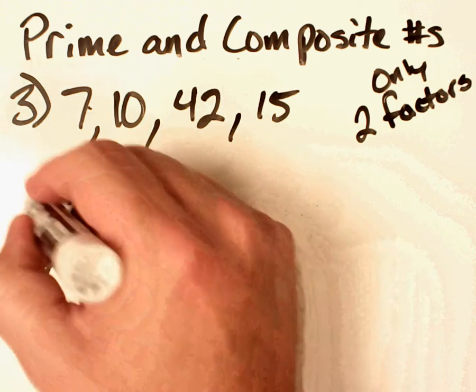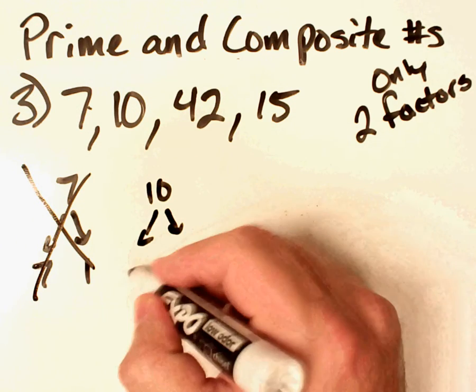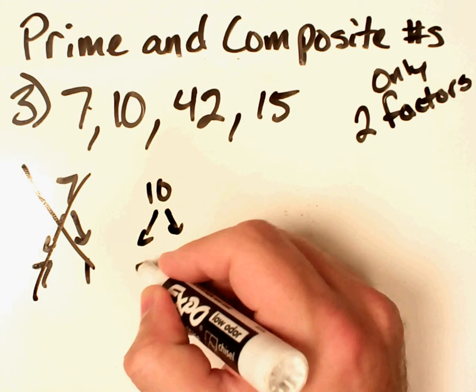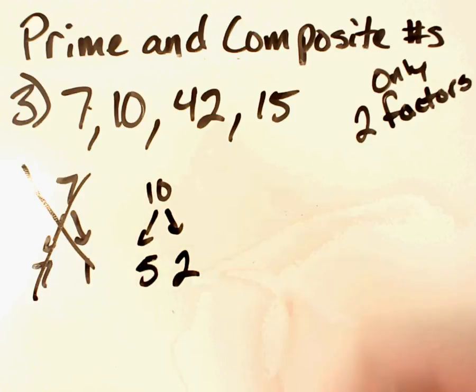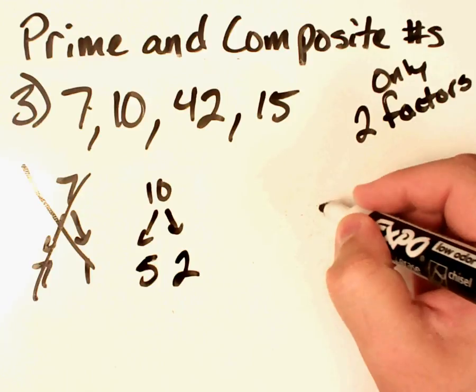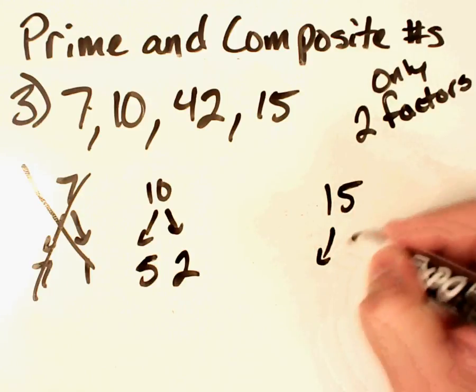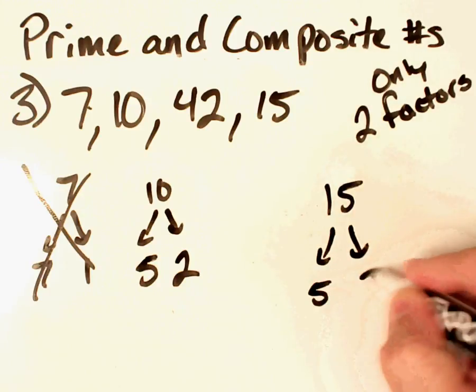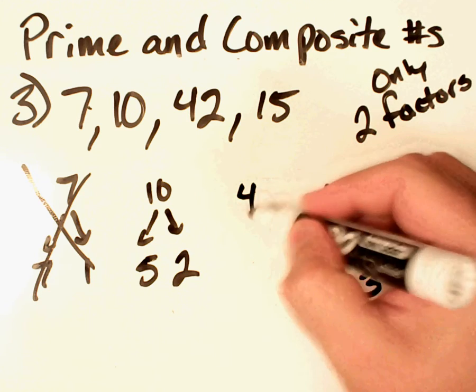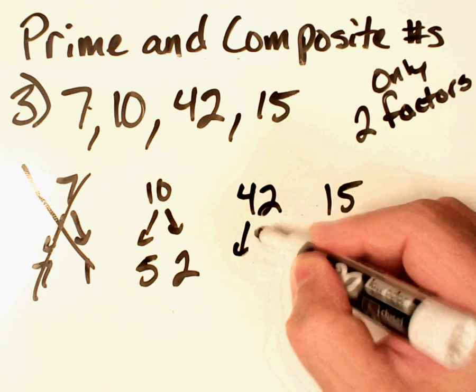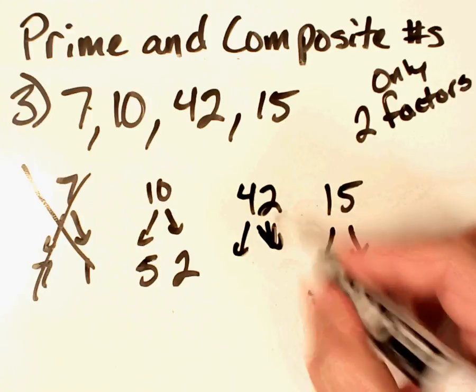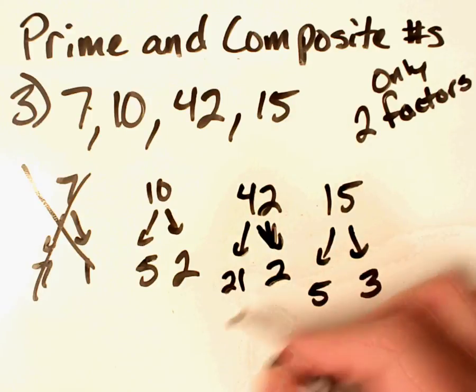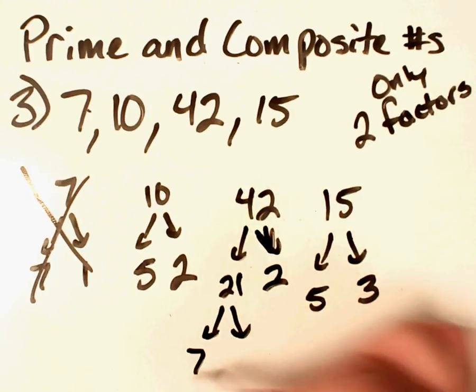So that doesn't really count. This can only be divided by 5 or 2. 15 can only be divided by 5 or 3. 42, 2, 21, 7, 3.